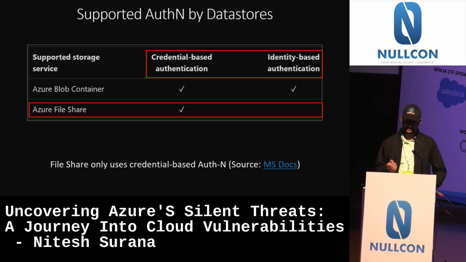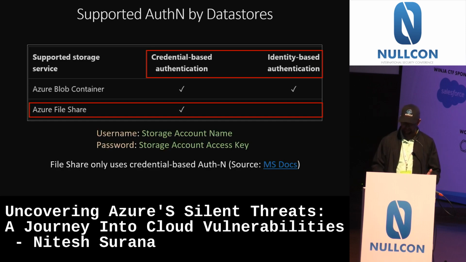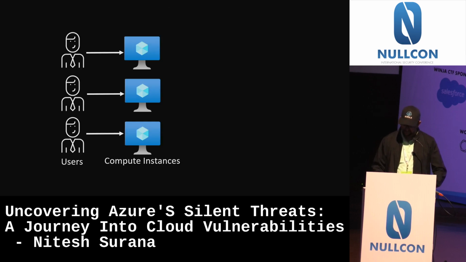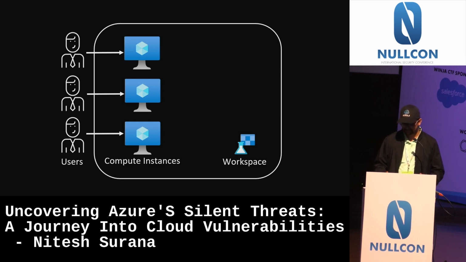Additionally, data stores in Azure Machine Learning support credential-based authentication for file shares. This basically means that if you want to work with file shares using data stores, you will be using a combination of a username and a password, where the username is the storage account's name, and the password is the storage account's primary access key. Additionally, multiple users can create compute instances in a workspace, and by design, there cannot be two owners for a compute instance.